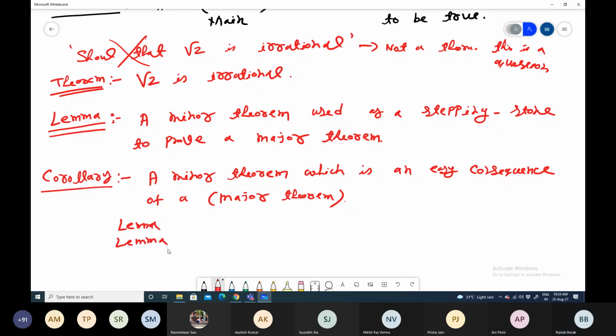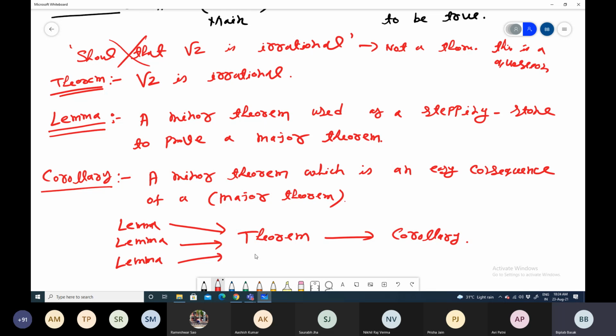Say you have three minor results which can be used to prove a theorem, and from the theorem you can have a corollary. So this is a major result, and these all are minor.